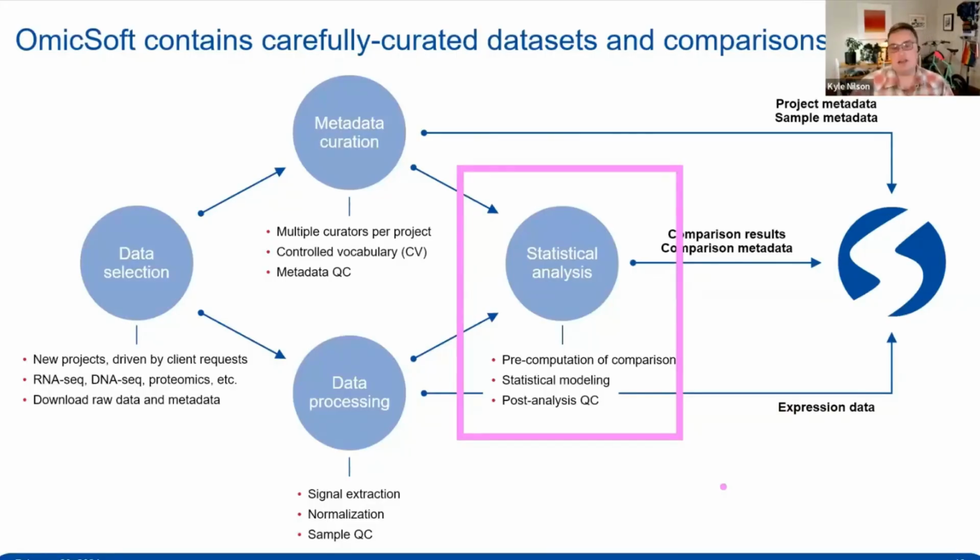We calculate the differential gene expression or differential protein level for each study, and we store all of the calculated log2 fold changes as well as adjusted and raw p-values. So that way, instead of searching for all instances of how a gene might be expressed, you can instead search for all instances where a gene might be significantly up or down, and see what those conditions are.